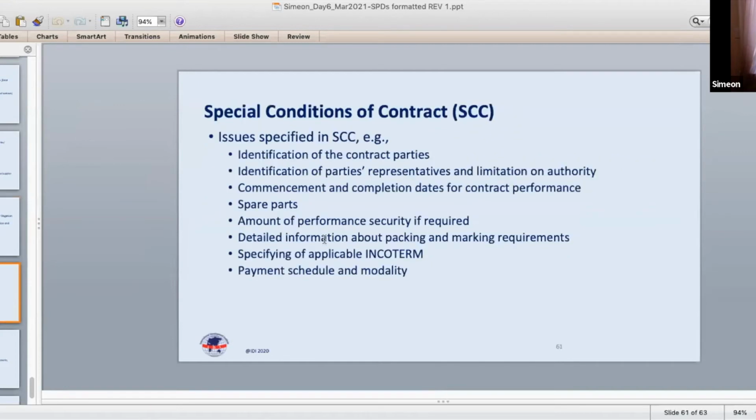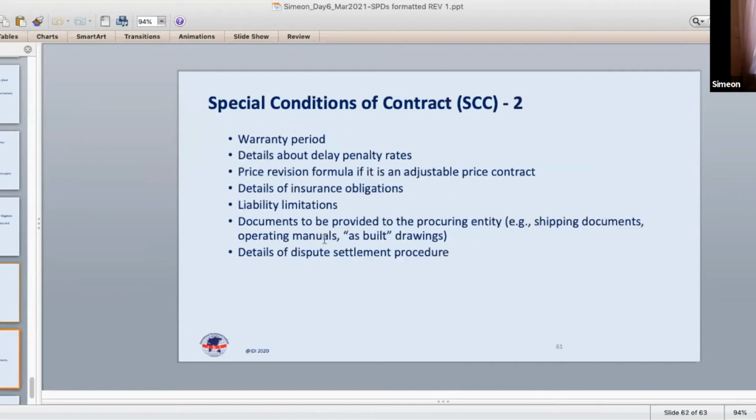The next slide is about the different issues that are in the special conditions of contract. I don't want to stop on this because I'm anxious to get to the next presentation. These are more examples of the types of issues that may be essentially defined in the general conditions, but specified in detail.